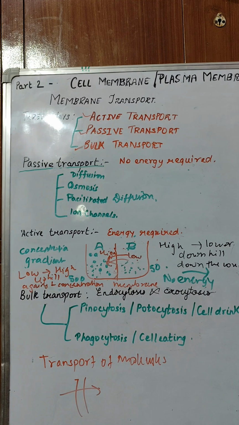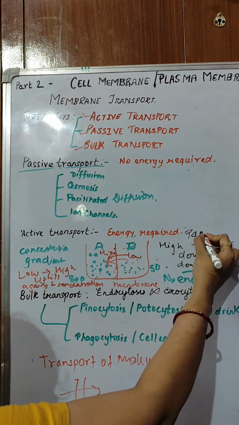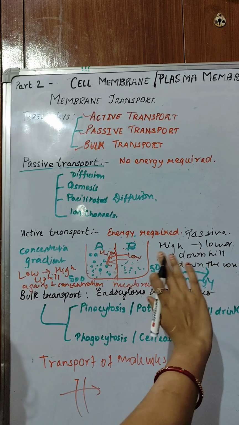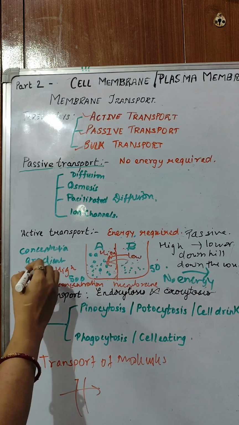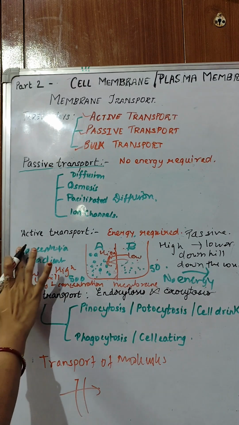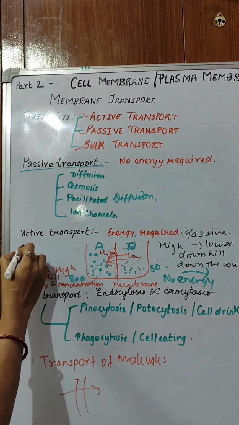And one more thing: the process where energy is not required is a passive process, a passive transport. The word passive means without spending any energy, and where energy is required, it is an active process.